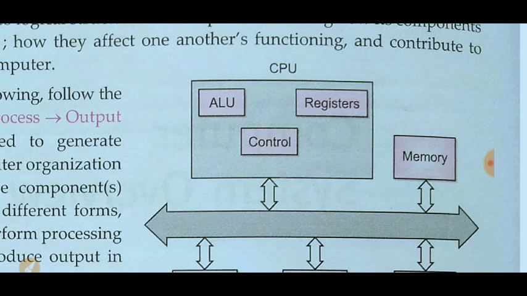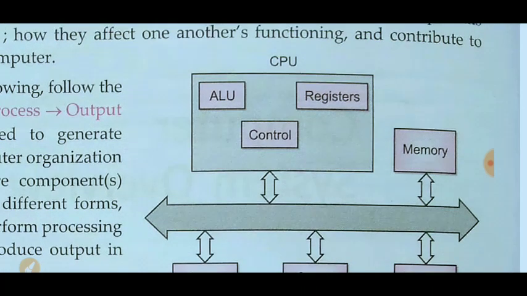So where will 2 and 3 be stored? Inside the CPU. That time it will be stored in the register. Means after the memory, it goes to the register. Register holds that value for some time, means register holds data temporarily, not permanently.